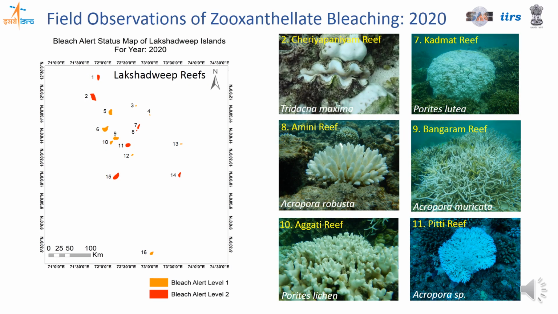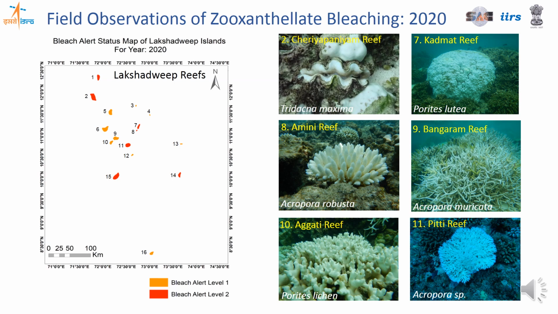So during the same time, as we observed this from our model, we communicated this to our friends from Lakshadweep, and asked them to look for whether there is any kind of mass coral bleaching. And in fact, they confirmed yes, specifically for these reefs, the corals are also bleaching. In fact, the first photograph that we are seeing here from the Cheriapanyam reef is not a coral, that is a giant clam.